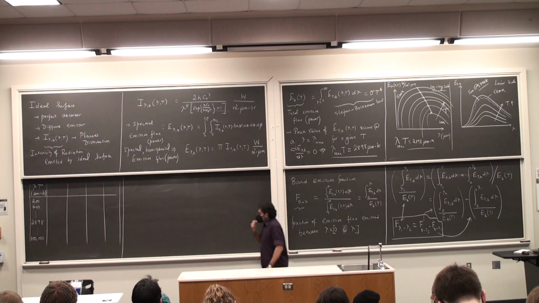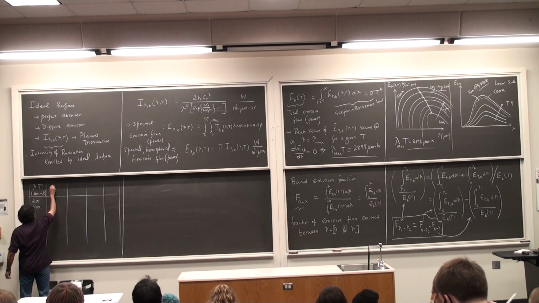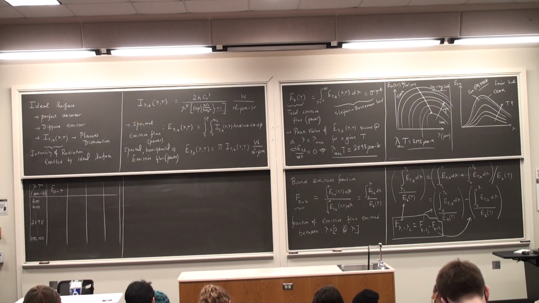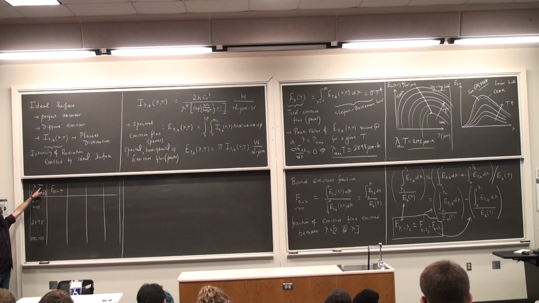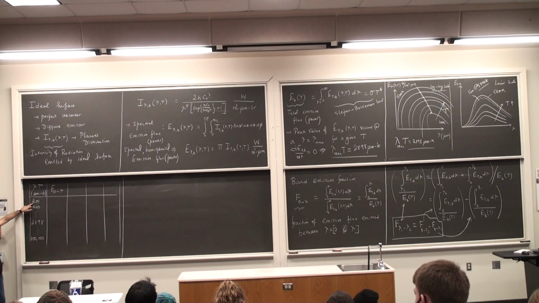Okay. The second column is F from 0 to lambda. So for a given temperature and for a given range of wavelength values, I can calculate whatever this number is.